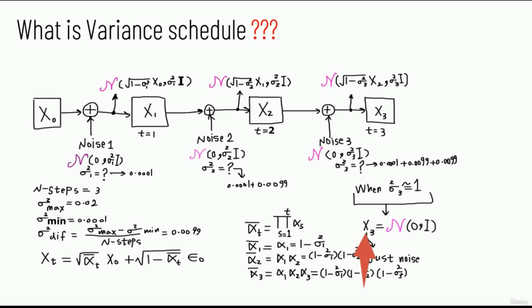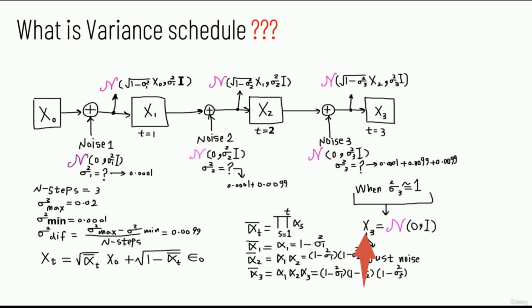Our x3 variable here is just pure noise without any information. We call this a linear variance schedule because here we are increasing the variance of the previous step by a fixed amount in the current step, which is the step size. So here we are increasing the value of the variance linearly.